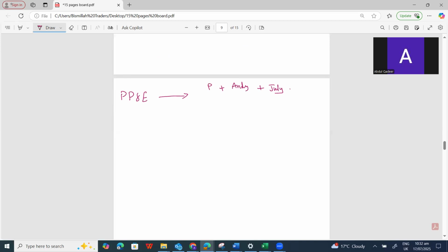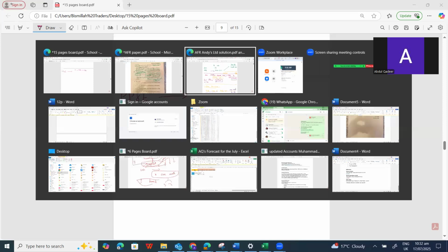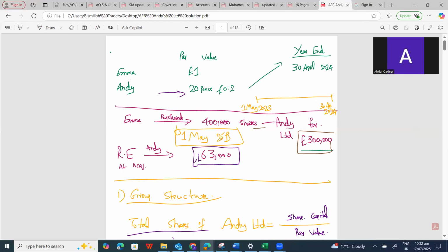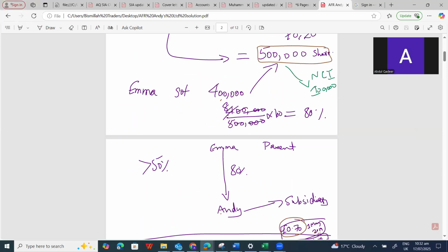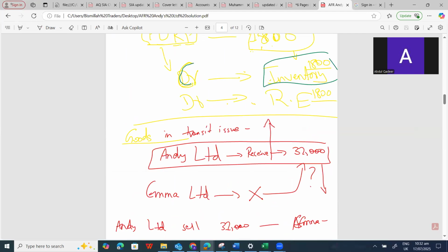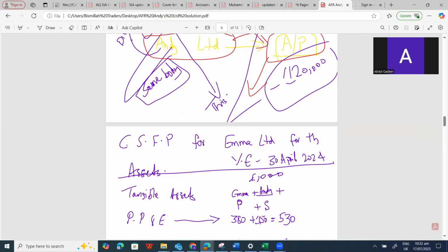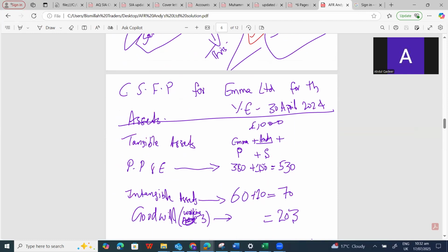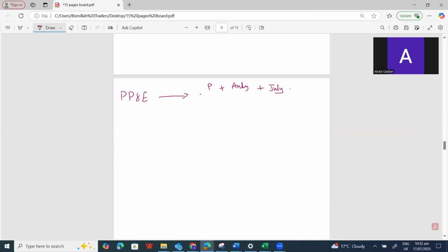As you know, previously we solved Andy's Limited, where property, plant and equipment is 380 plus 150, 380 for the parent plus 150.